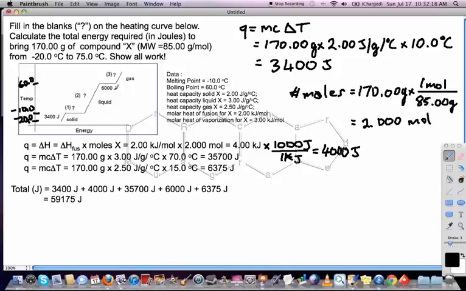Now to get this one here, this is the heat required to take the liquid into a gas, and what we're going to be using is the heat of vaporization. So Q equals the delta H of vaporization times the number of moles. We already figured out the number of moles up here as being 2.00 moles, and delta H of vaporization is the molar heat of vaporization here, 3.00 kilojoules per mole.